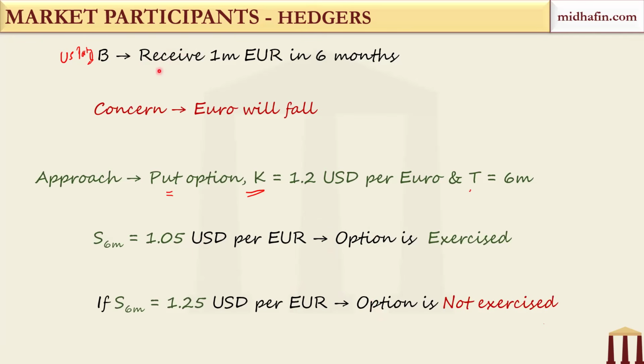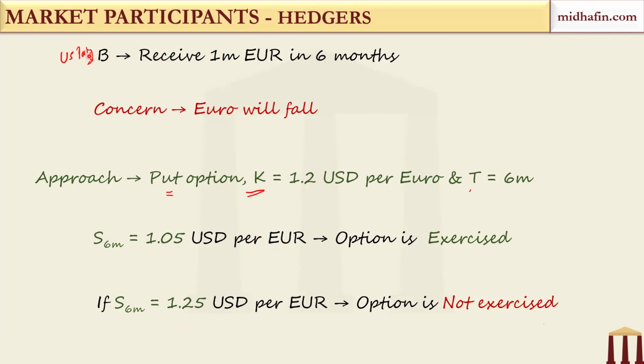If B is about to receive 1 million euros, then why a put option? Because the concern is that the euro will fall. Once B receives 1 million euros in 6 months, if the exchange rate becomes $1.05 per euro, the party still has the option of selling these 1 million euros at a predetermined price of $1.2 per euro.